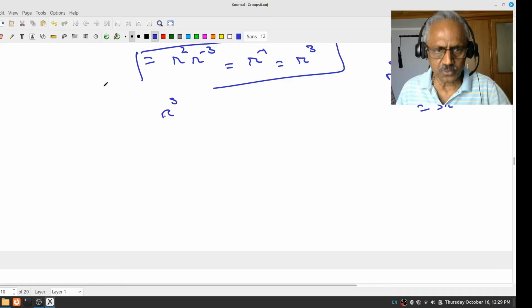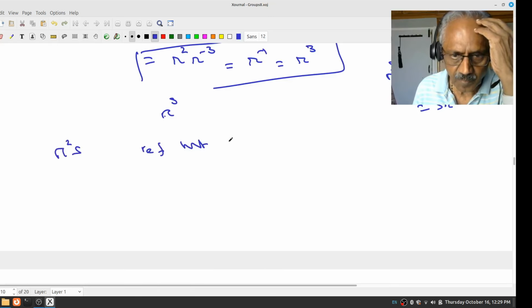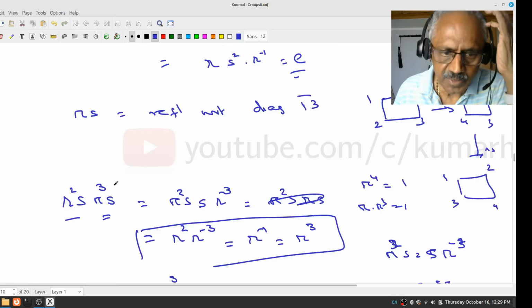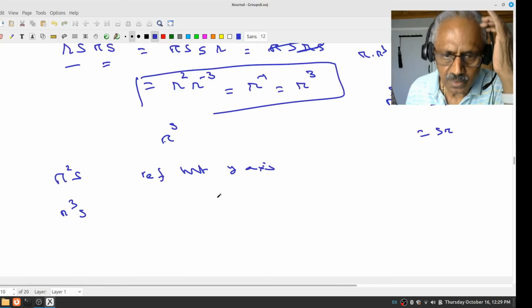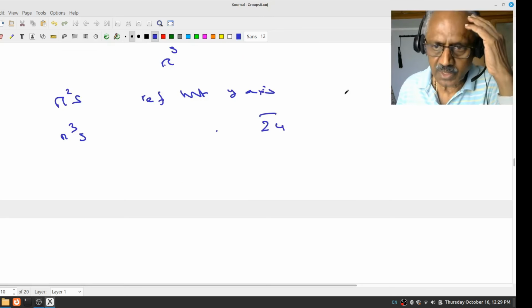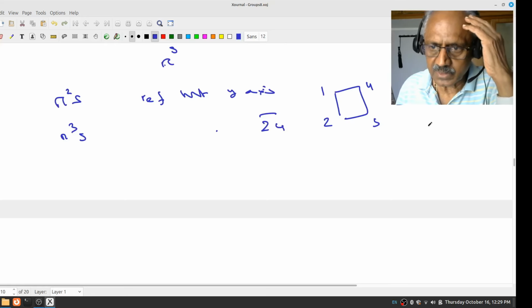Let us again go through. What is r squared s? R squared s is reflection with respect to the y-axis. And what is r cubed s? R cubed s is reflection with respect to line 2, 4, right? So let us do that. So 1, 2, 3, 4 under r squared s, where does it go to?